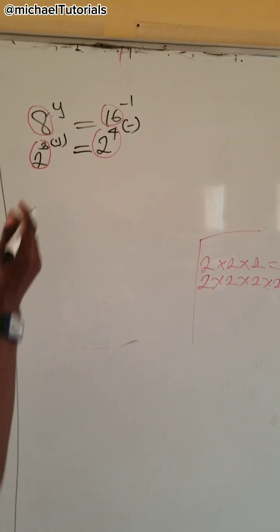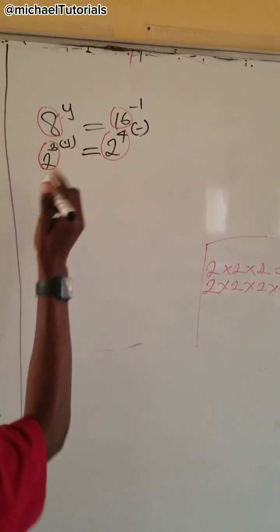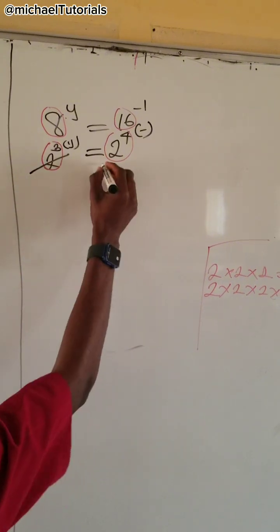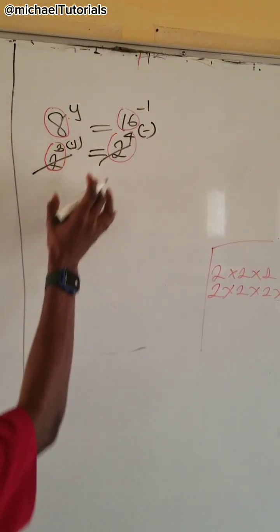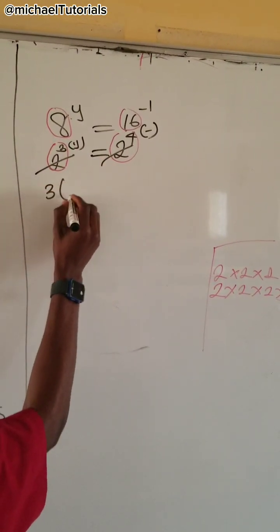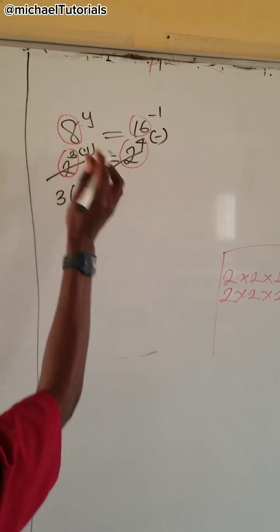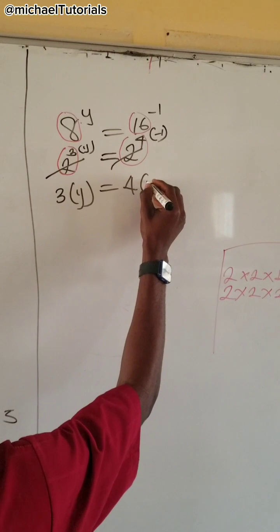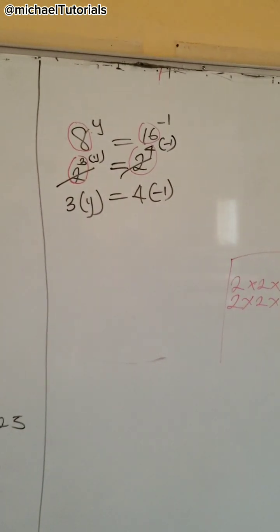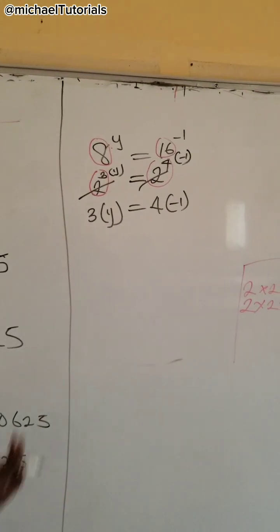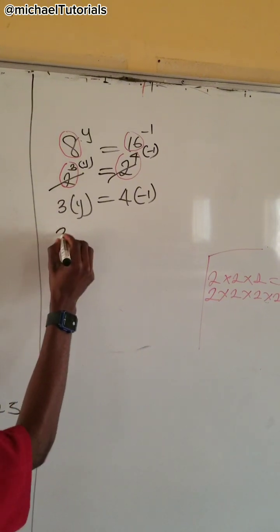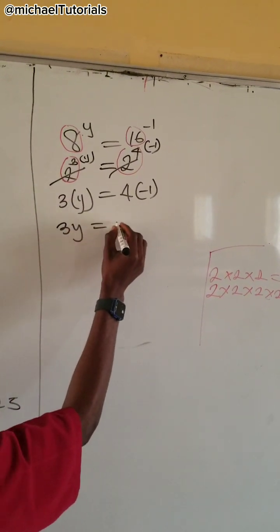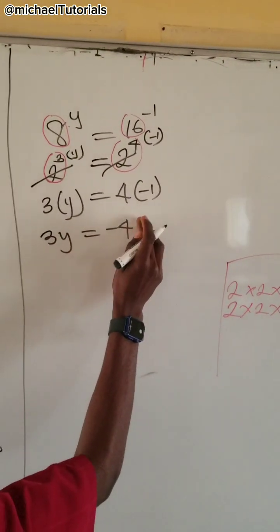Now, as we have 2 here and 2 here, we strike out 2 and 2. The powers will come down. 3 open bracket y is equal to 4 open bracket minus 1. Now let us expand it. We have 3y is equal to minus 4.